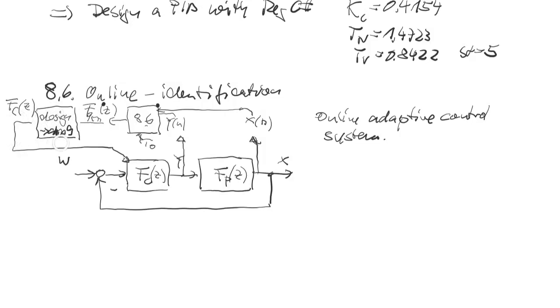And the controller comes out of my design after 10-20 milliseconds. This is not suitable for an online adaptive system, because here you have to be very fast, and I show you in chapter 9 some digital controllers which can be designed very fast, in microseconds.